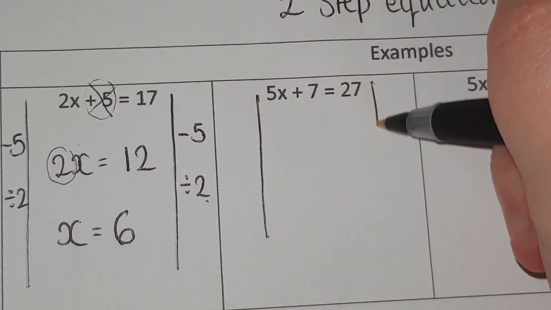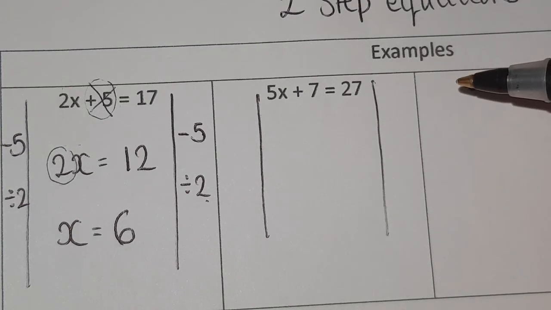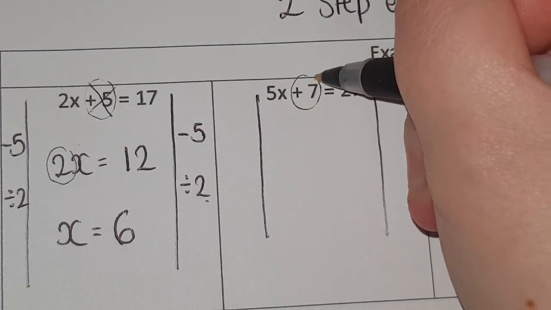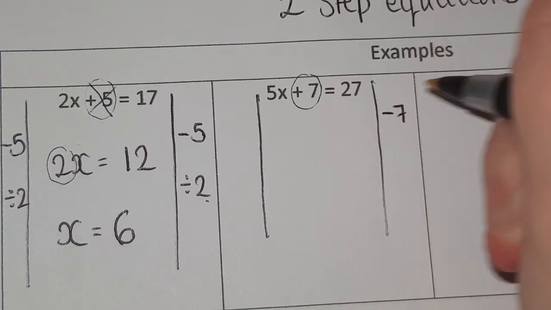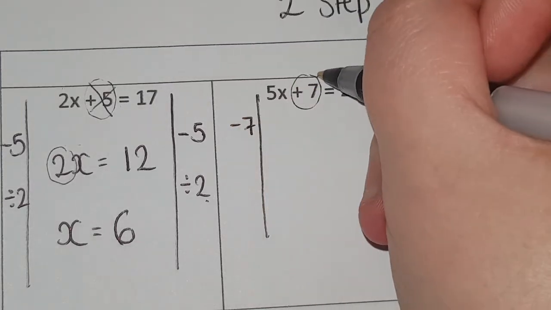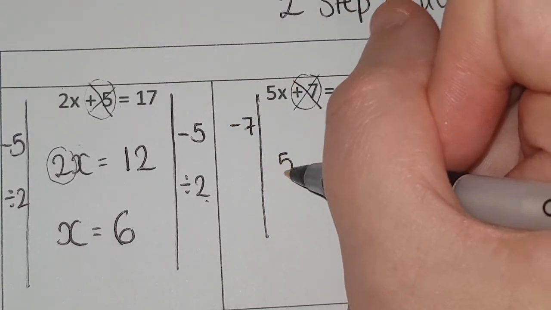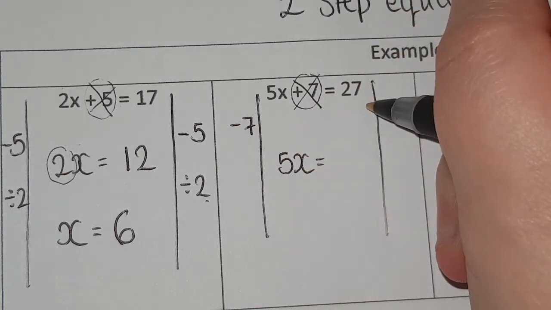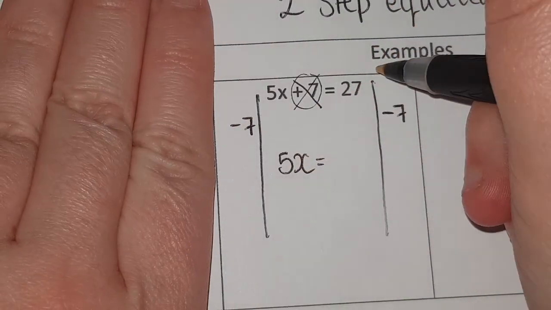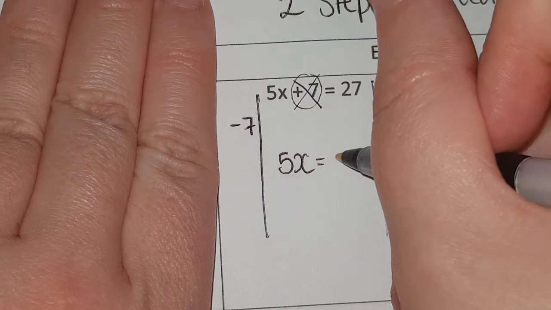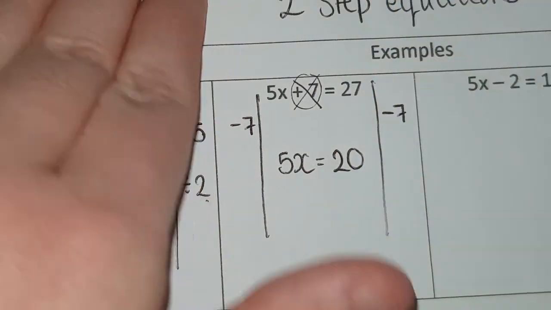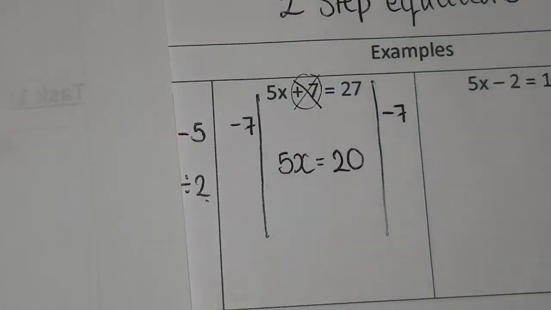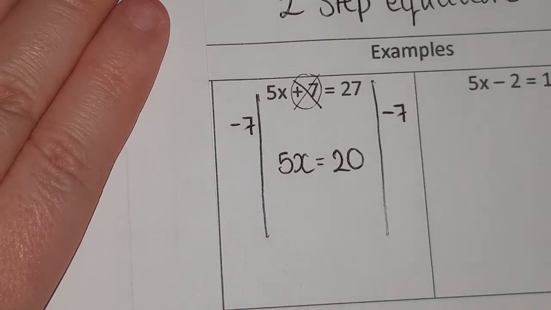So on the next one, remember anything added or subtracted goes first. So the opposite of add 7 is to take away 7. So if I take the 7 from this side, I've just got the 5x left. And on this side, if I do 27 subtract 7, I am left with 20. I'm just going to put this sheet on just because there's too many numbers going on.